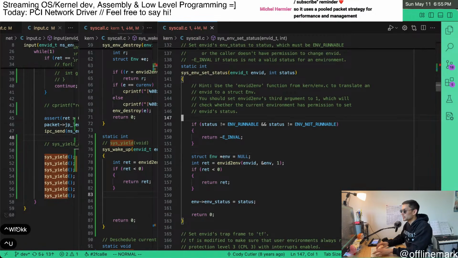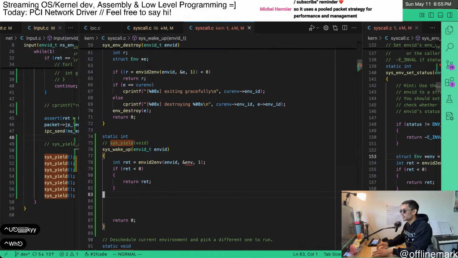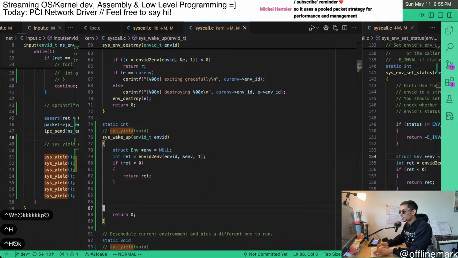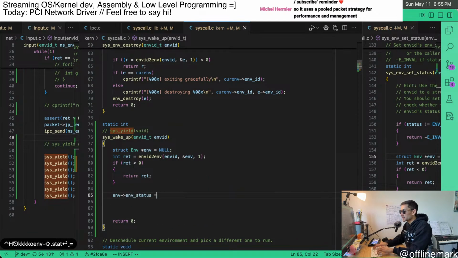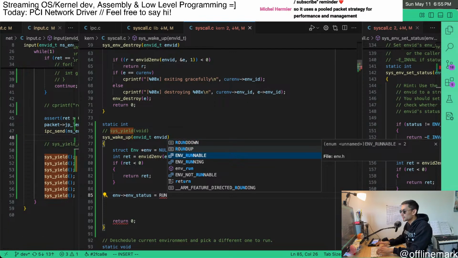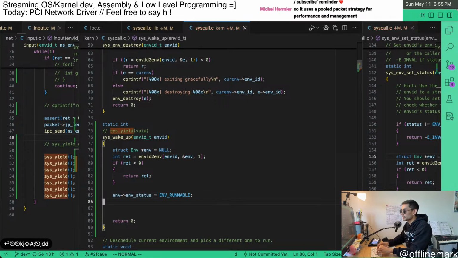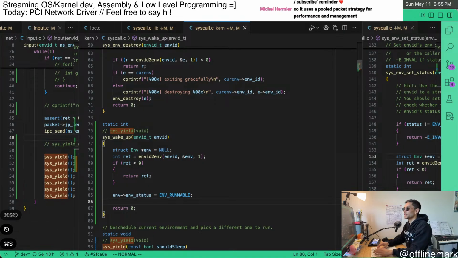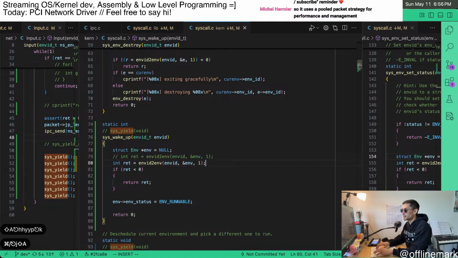Okay, and I need to make a struct env and status equals runnable. Okay. Maybe I'll just put the 0 in there. This is some weird check thing.